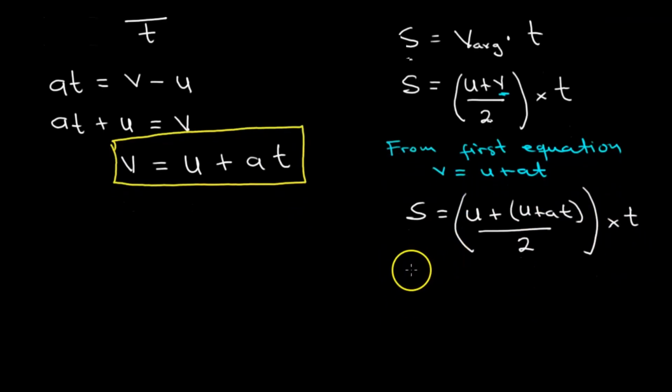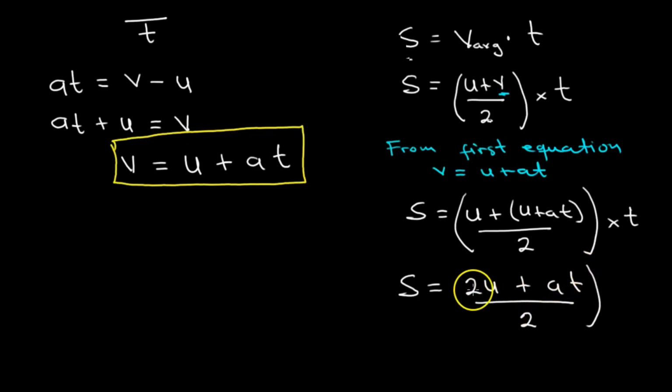So I go further to get s equals, with my u plus u, that will give me 2u plus at, all divided by 2, all multiplying t.